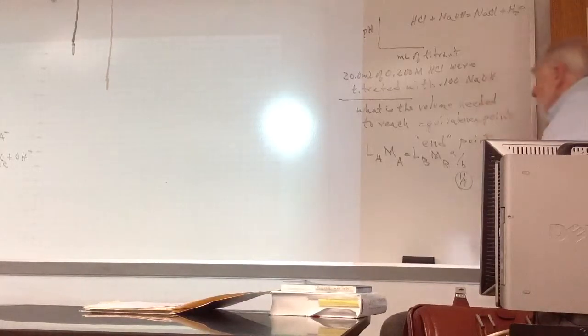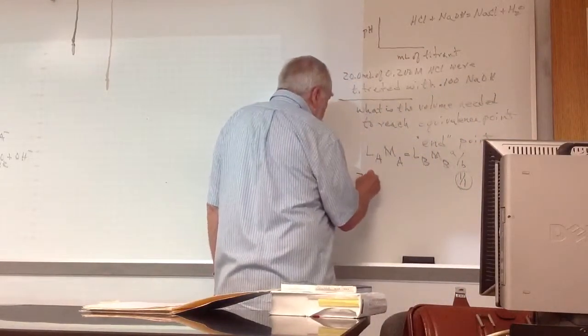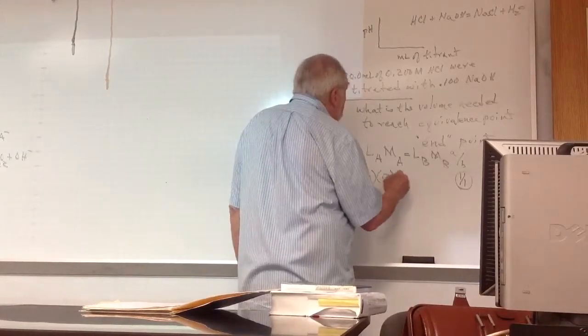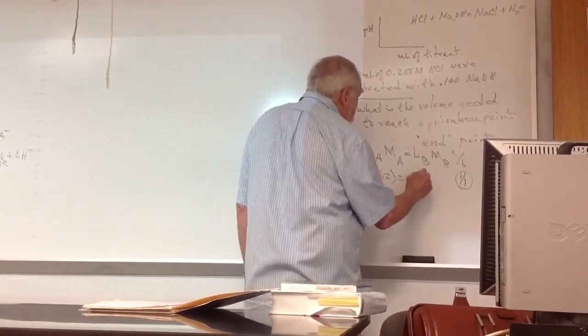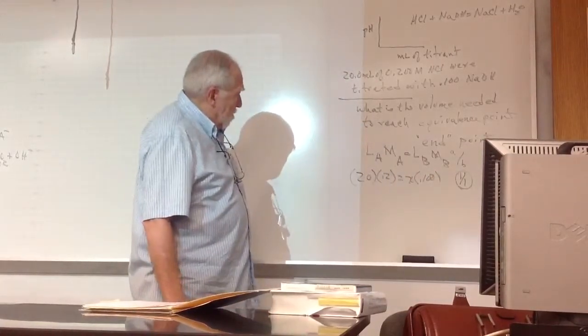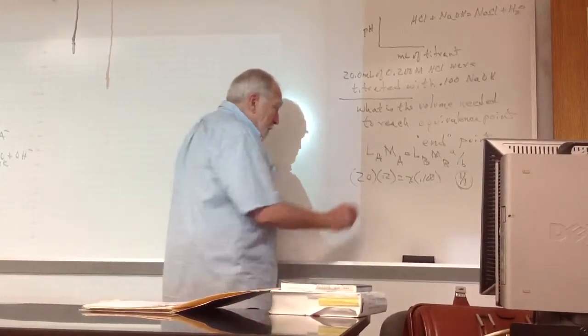So for this problem here, you take 20 milliliters times 0.2 equals X times 0.1, and you get what? 40 milliliters. Okay.